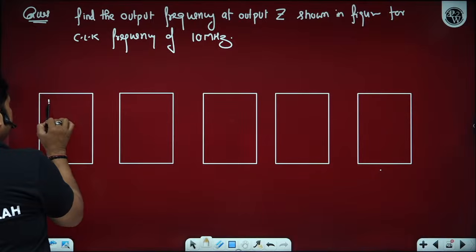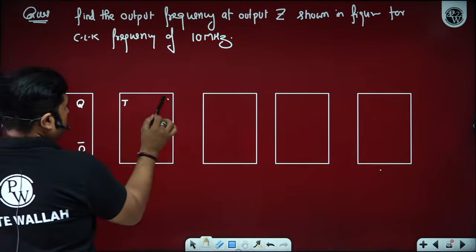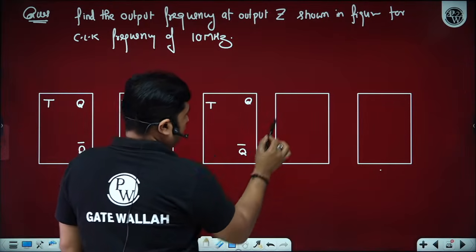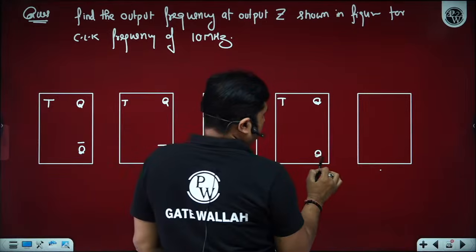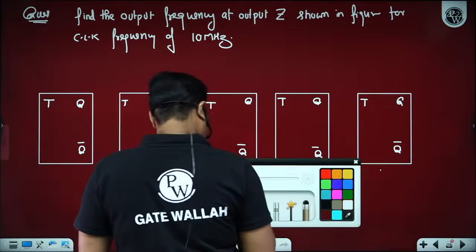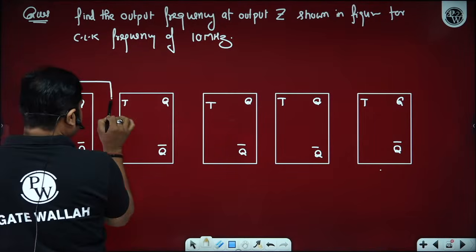We have T flip-flops. All the T inputs are connected to logic level 1.